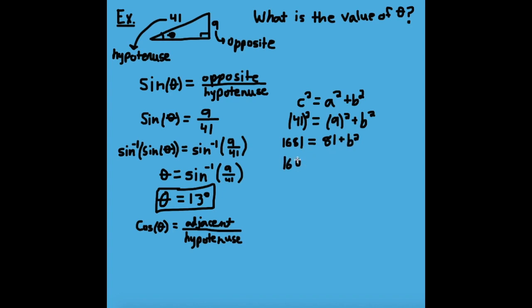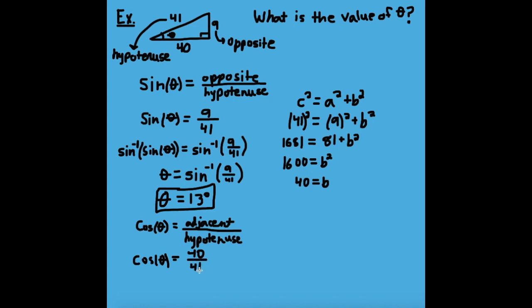We then get 1600 equals b squared. And when we square root both sides, we get 40 equals b. This side is therefore 40. So we figured out the adjacent side is 40. Since cosine is adjacent over hypotenuse, cosine theta equals 40 over 41.